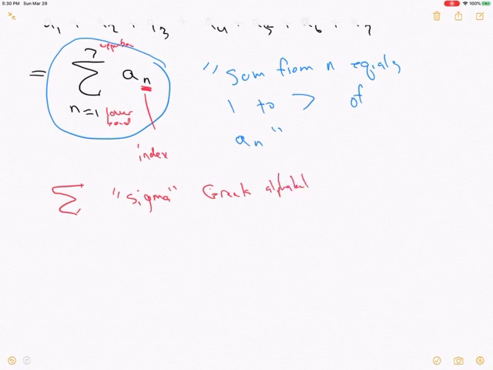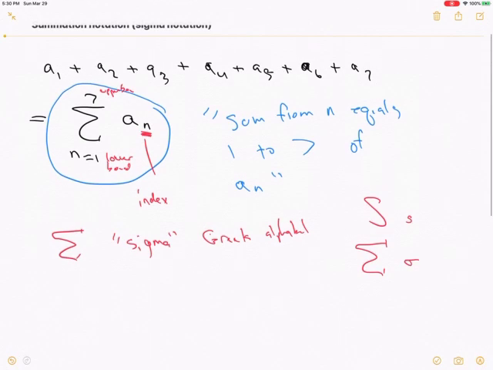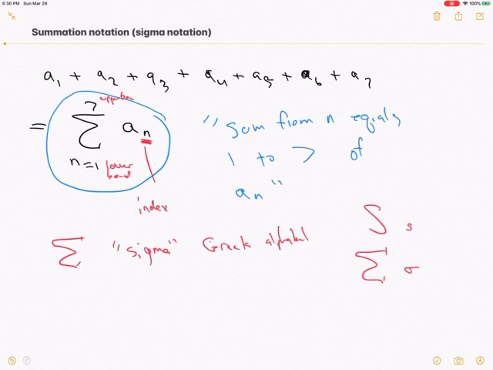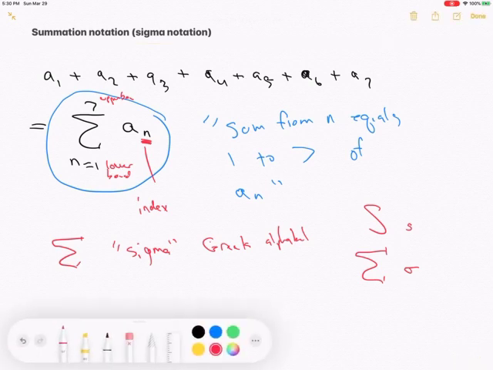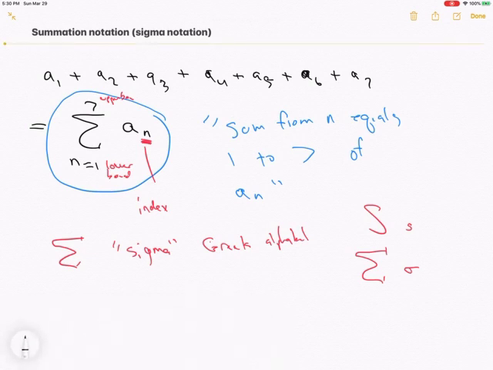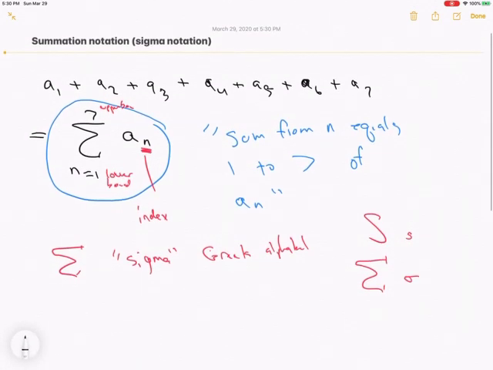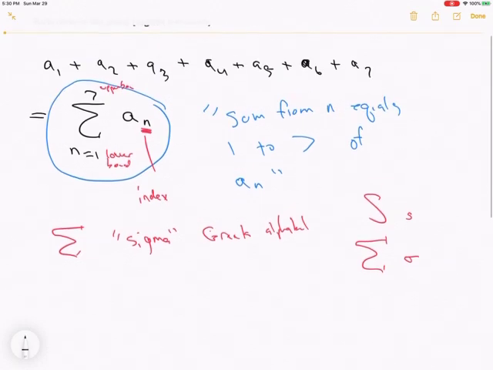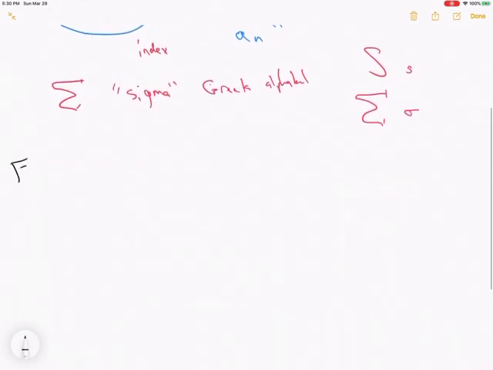Like in English, we have capital S and little s, which look the same in ordinary print, but in Greek the capital sigma looks like this, and the little sigma looks like that. Anyways, this is called summation notation, but you can also refer to it as sigma notation, since we use the Greek letter capital sigma. It's good for you to be comfortable using this notation, so we'll do some examples.